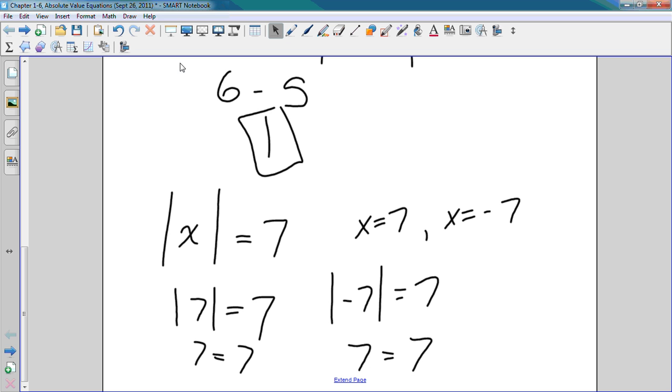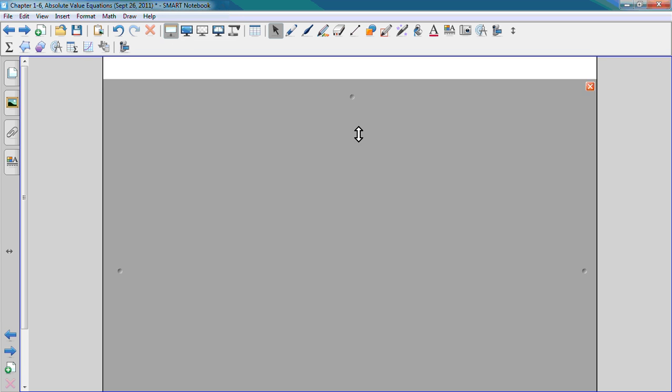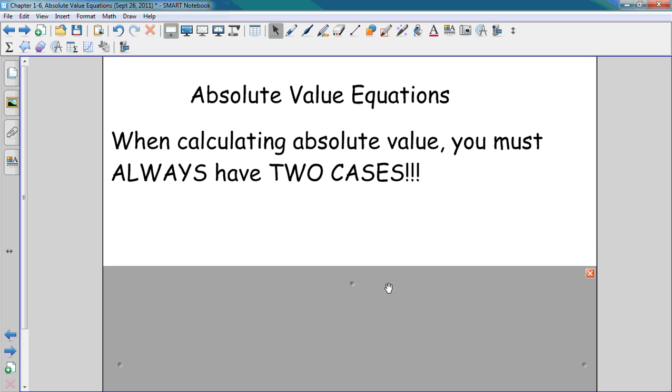So remember that when we go to the next page, because when calculating absolute values, you must always have two cases. Case 1, where it could be the positive solution, and case 2, where it could be the negative solution.